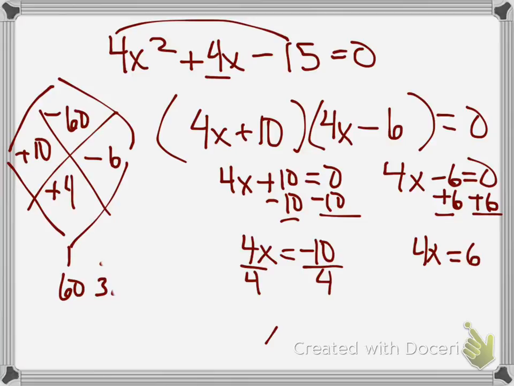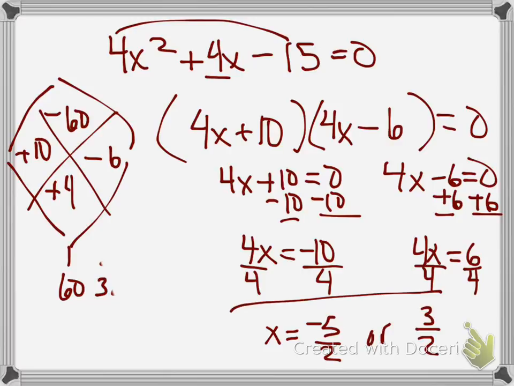In this case, you're going to get two fractions. Negative 10 over 4 is negative 5 halves. 6 divided by 4 is 3/2. And there's your two answers. With this one, you don't have to worry about trying to divide out the extra numbers. You just start solving it. So that actually makes it really easy for this part on factoring.